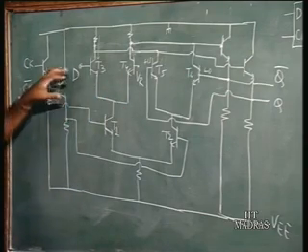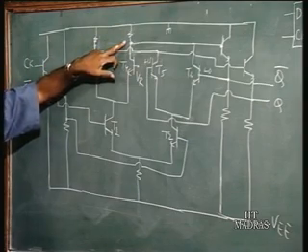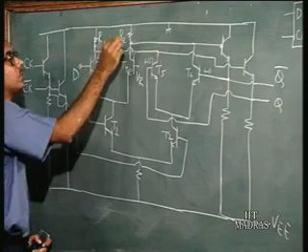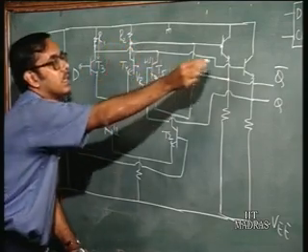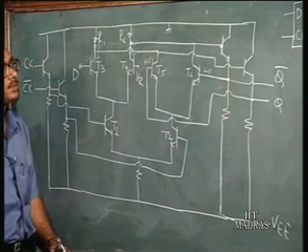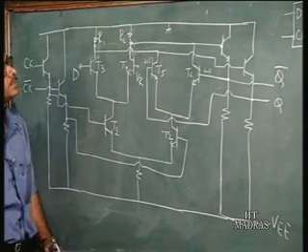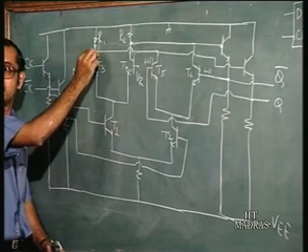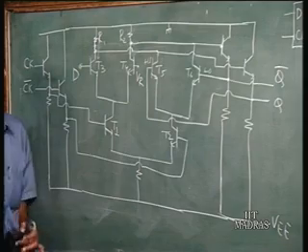Similarly if D was low, the current would be flowing through R2 and there is no current flowing through R1. So, Q bar would be high and Q is going to be low.